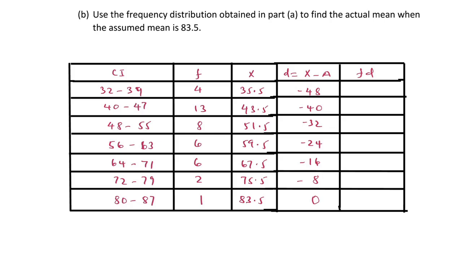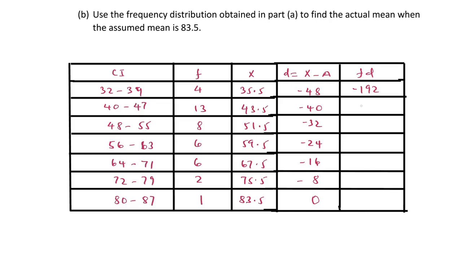Okay, so now let us fill in the values for the product of the frequency and the deviation. For the first one, we take 4 times negative 48, of which after solving, the answer is negative 192.